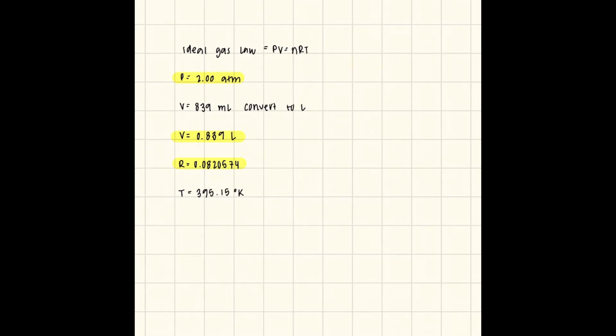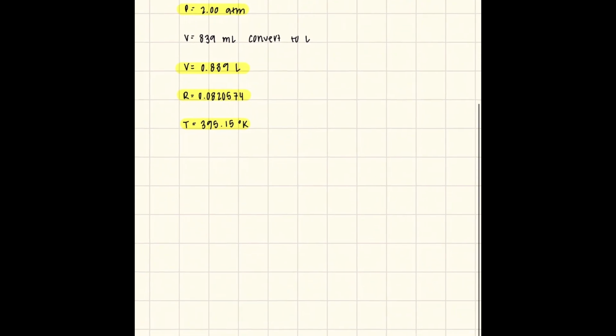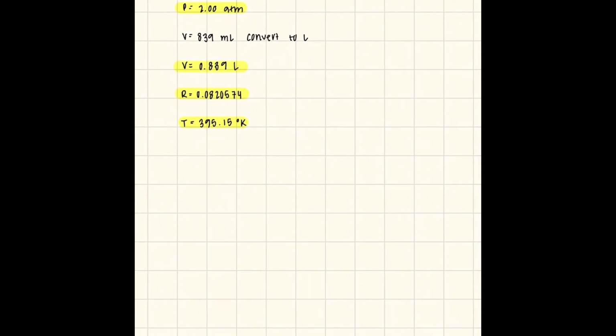To make it a little easier, we're going to look at the equation we are given for the ideal gas law one more time. Because we are solving for n in this problem, we're going to switch around this equation. We'll rewrite our original equation: PV equals nRT, and we have to divide both sides by RT, keeping in mind that we're solving for n.